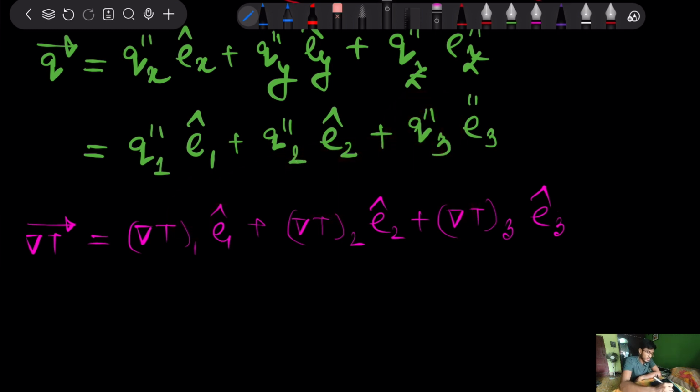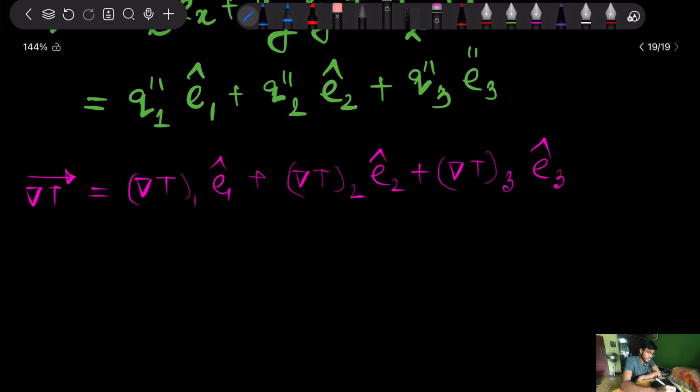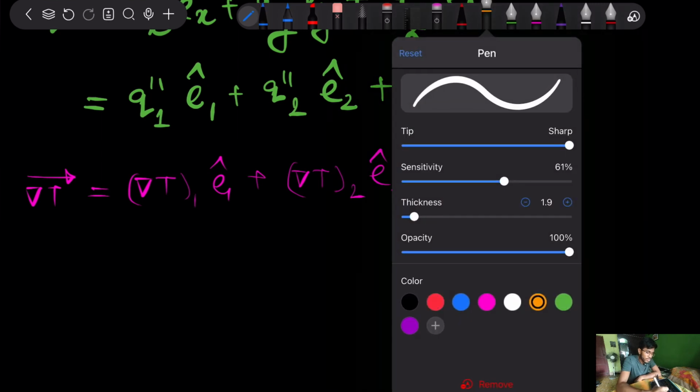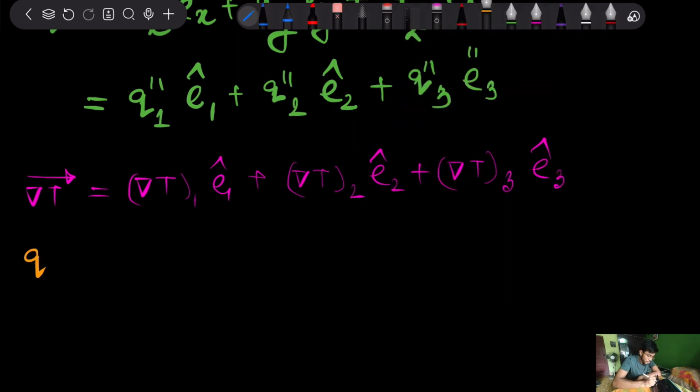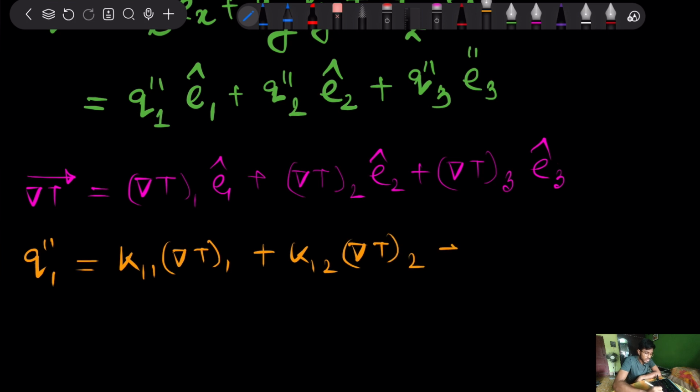So according to that, Q1 double dash is equal to K11 del T1 plus K12 del T2 plus K13 del T3.